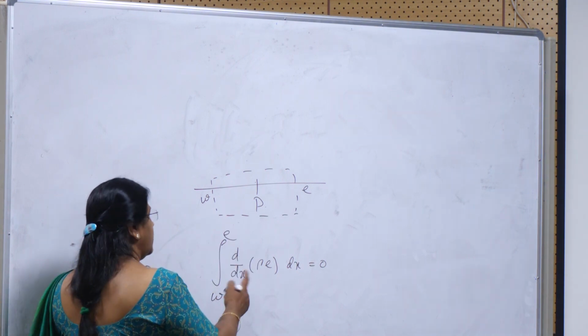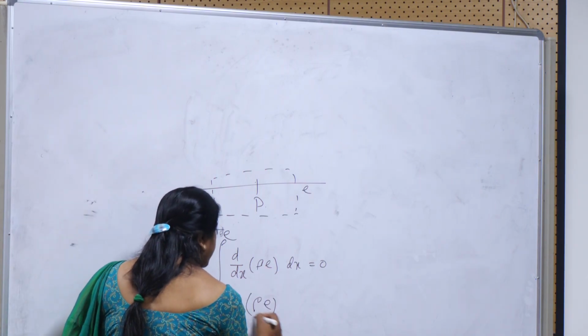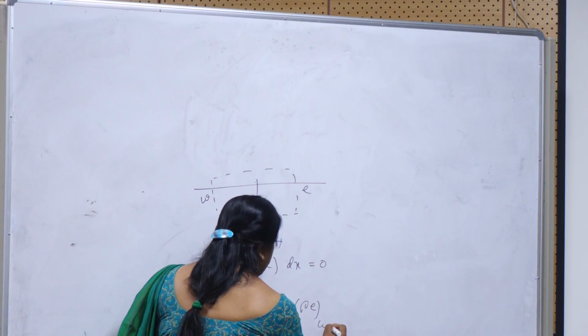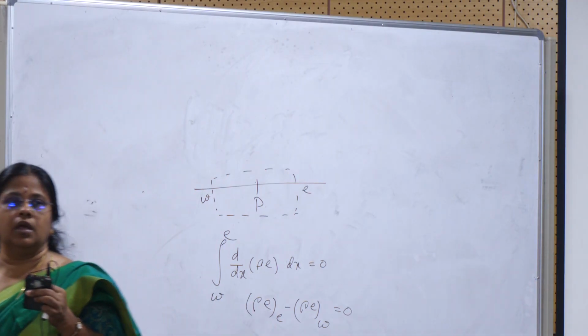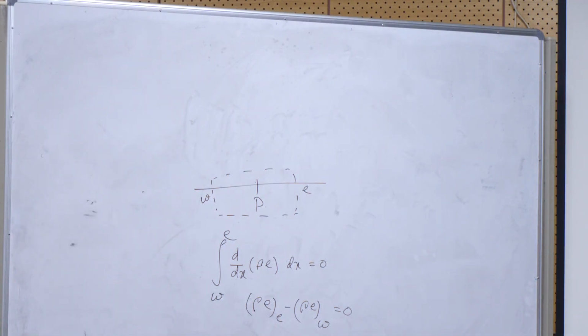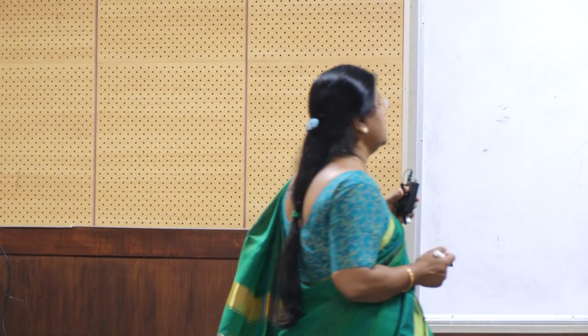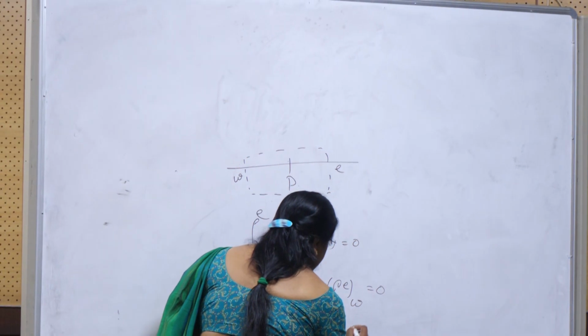Then if I integrate this one, what are we getting? Rho u at the east minus at the west. We write down this as the notation only.